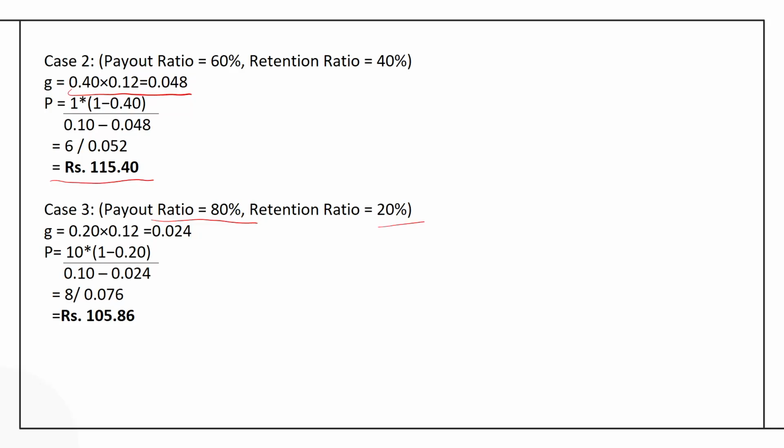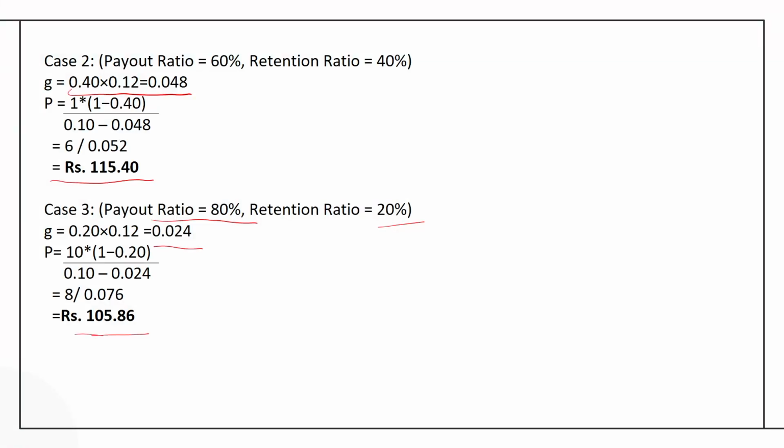So, the growth rate here is 0.20 into 0.12, giving us 2.4%, and carrying out the same calculation for this scenario, we can see that the value of the share has further declined to 105.86. So, Gordon was trying to prove that there is a relationship between the dividend policy and the valuation of the firm.